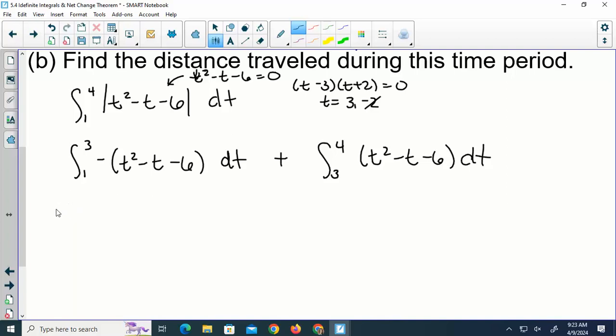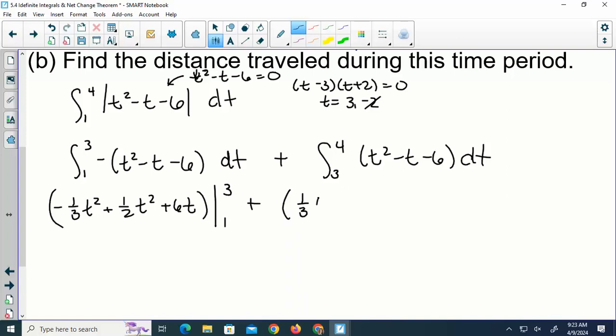So then we do our antiderivatives, so that would be negative 1/3 t cubed plus 1/2 t squared plus 6t, minus 1/3 t cubed minus 1/2 t squared minus 6t.